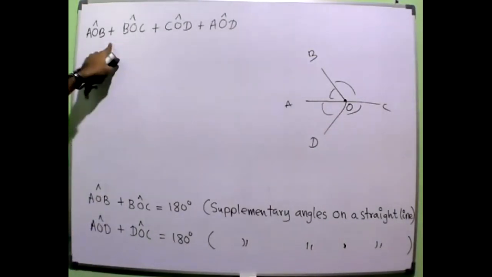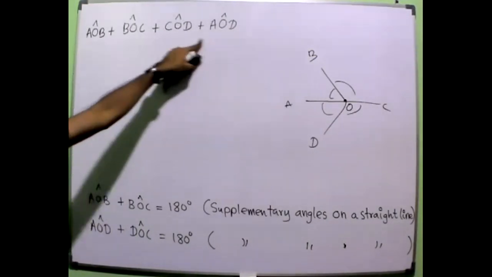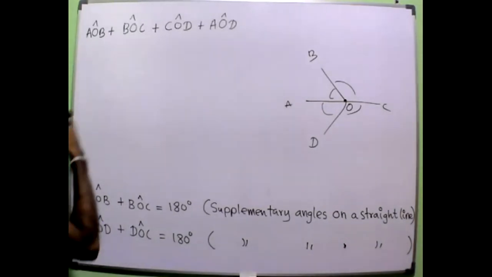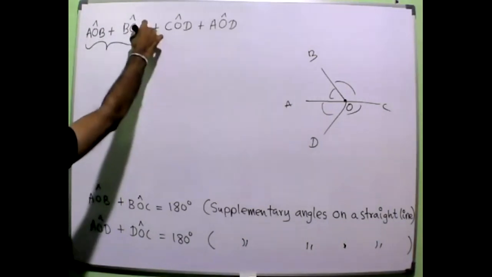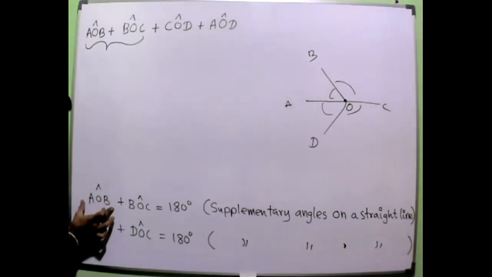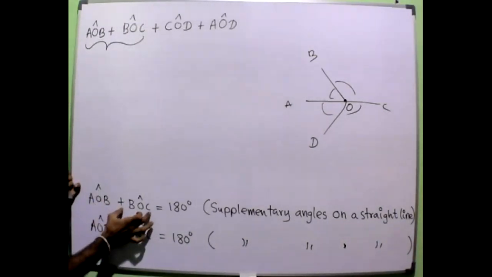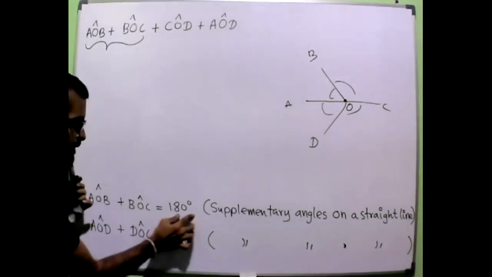So let's take the answer for this. AOB plus BOC is 180 degrees, right?